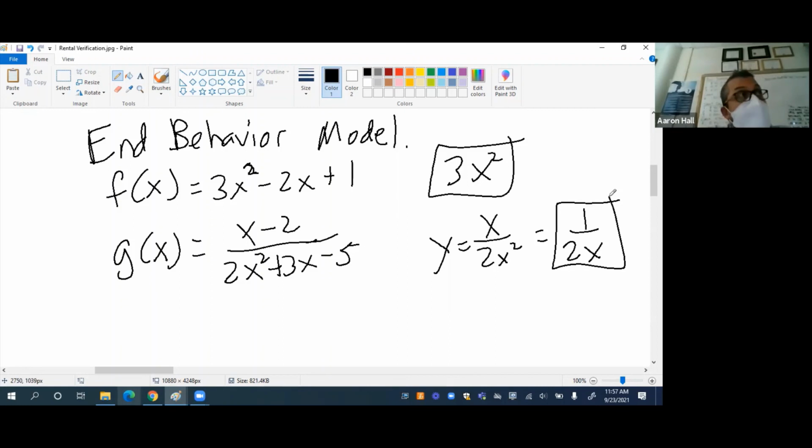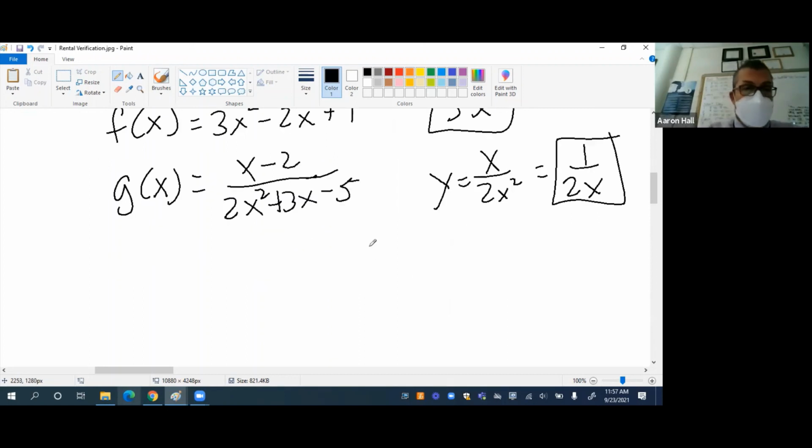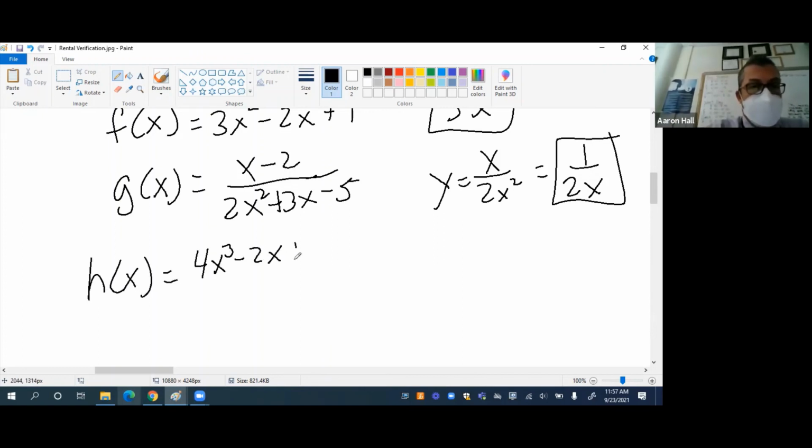So we just look at the first term and then simplify? Yeah, because with end behavior, you're talking about when x is massively large. When x is really, really large, the other stuff doesn't matter. Okay, let's look at another one. What if I have h of x equals 4x cubed minus 2x plus 1 over x minus 2?